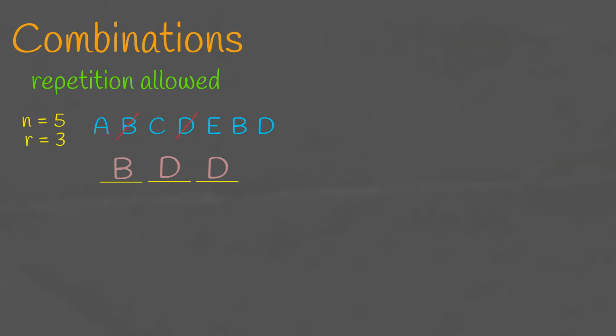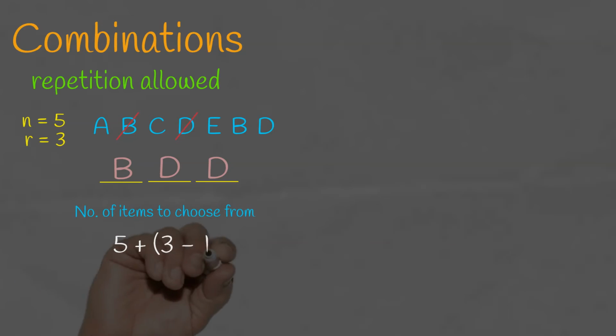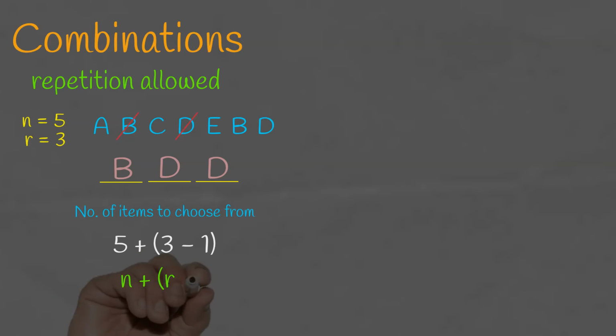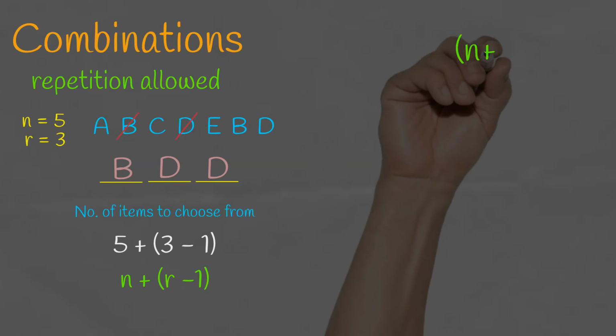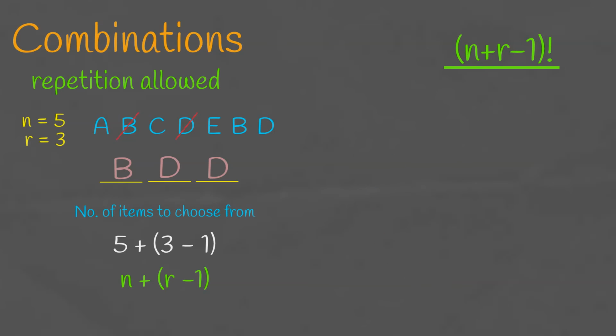So as you can see here, the number of items we've got to choose from in this case is the original 5 plus the 2 that we had to strike through and write again, which is n plus r take 1. So writing the equation out again, instead of n factorial at the top, the number of things to choose from, this time it's n plus r take 1 factorial on the top.